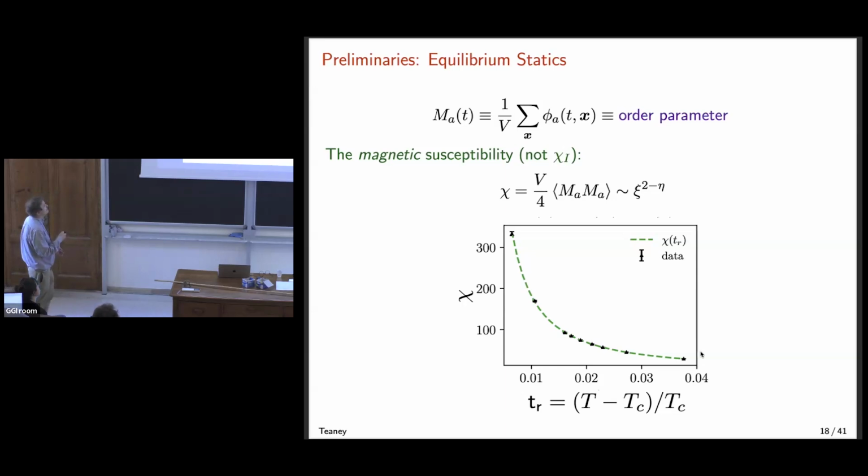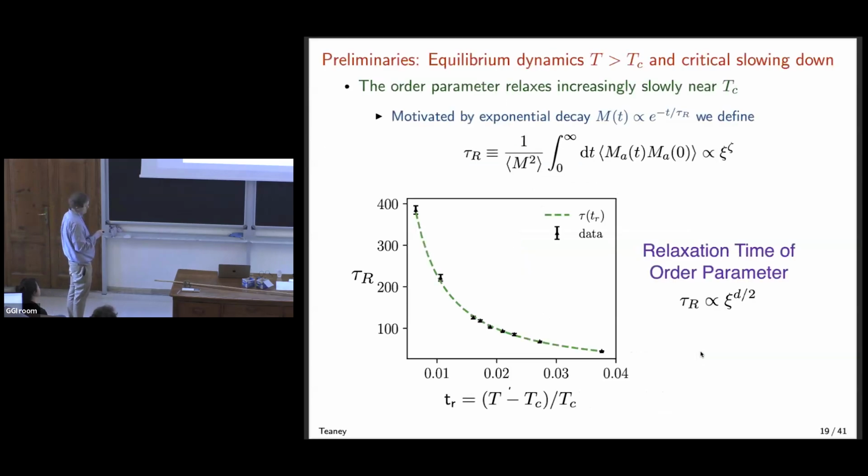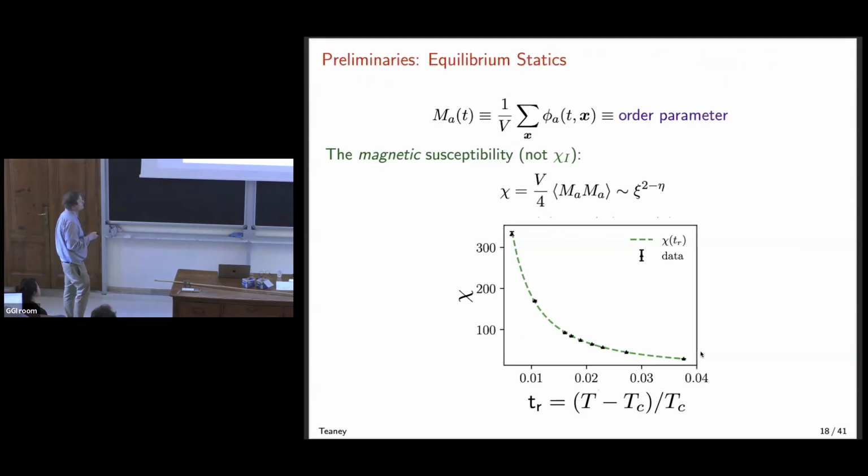So the magnetic susceptibility, or chi, not the charge susceptibility, there's two things, is the fluctuations in the magnetization, and it's supposed to scale like xi to the 2 minus eta, where xi is the correlation length, and we can see divergence of the magnetic susceptibility near the critical point. Finally, that's all static quantities.